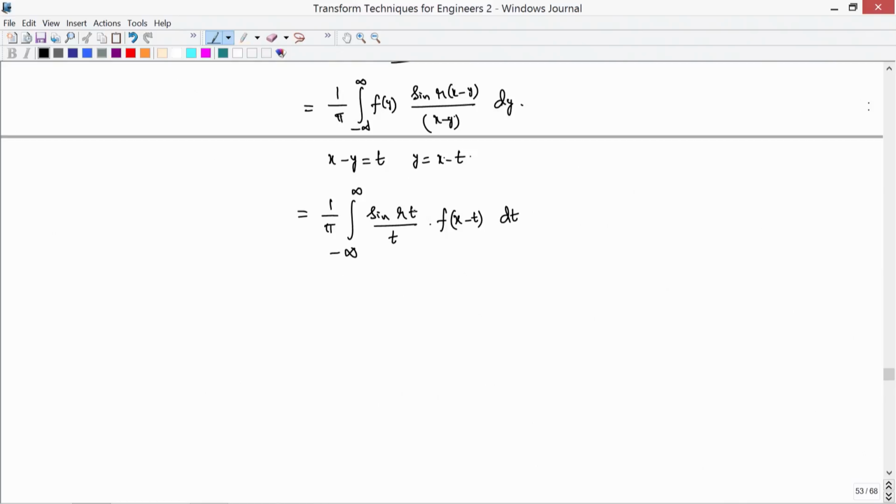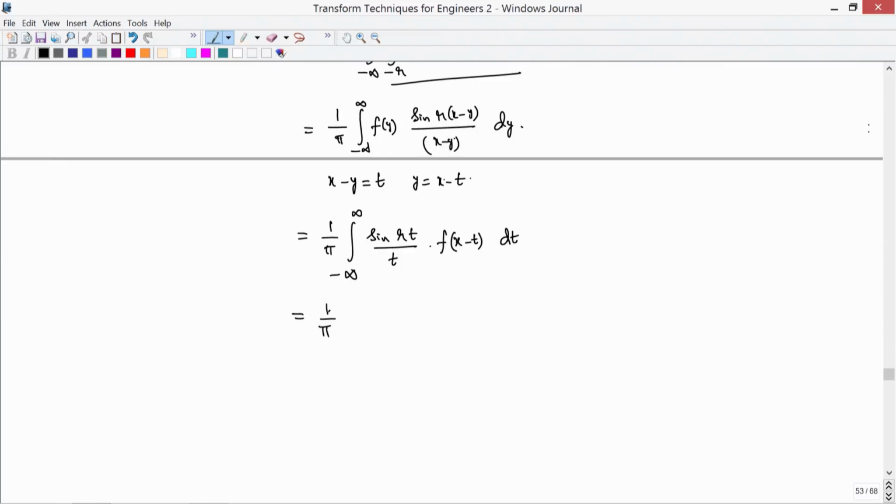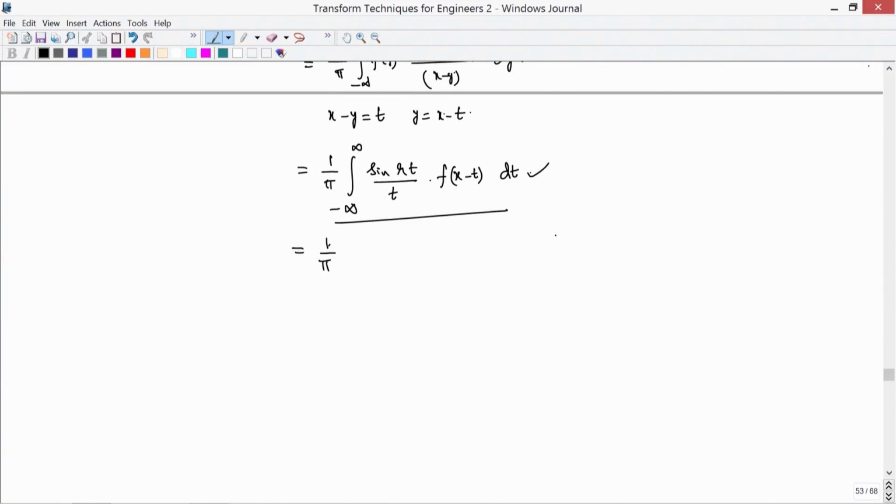Now I can rewrite this as exactly the definition of 1 by π times the convolution product f star G, where G depends on r, so let me call it G_r. G_r(x) is sin(rx) by x.